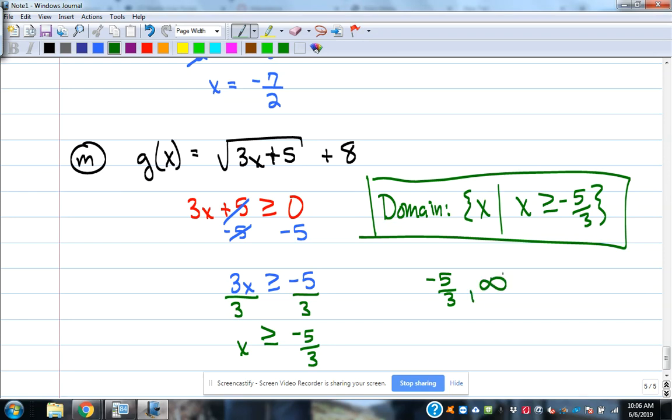And it's going to go up from there because it says x is greater than that. So, again, bracket on the number, parenthesis on the infinity, because you never can really get to that positive infinity. So you can't include it. And there would be the interval notation for that. I boxed them in separately.